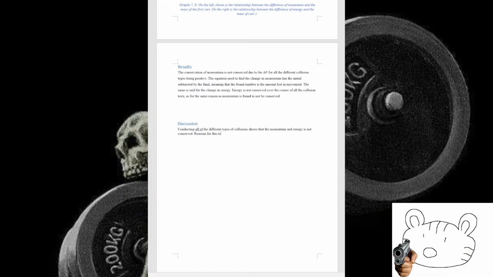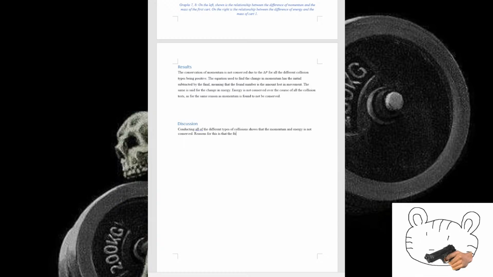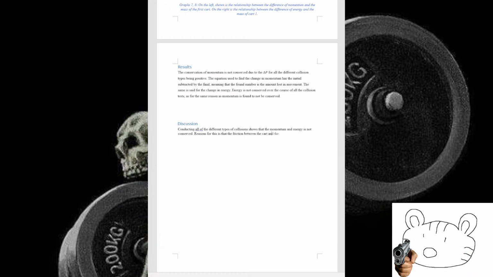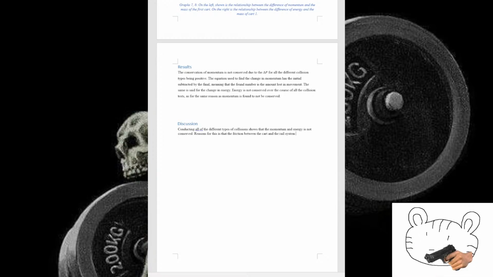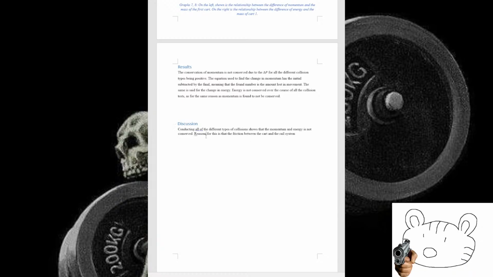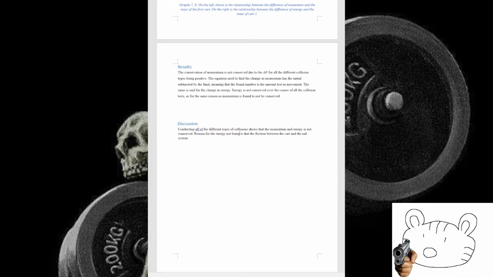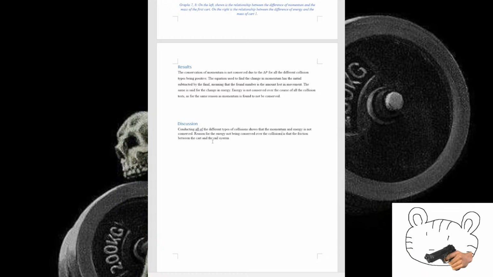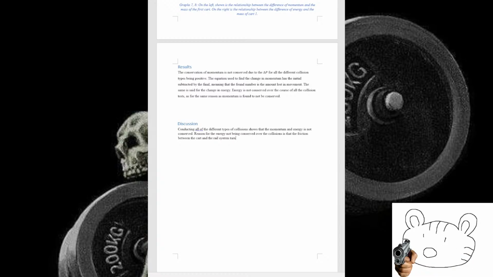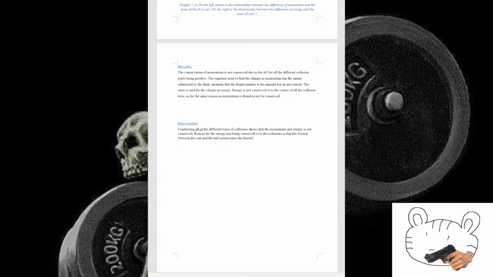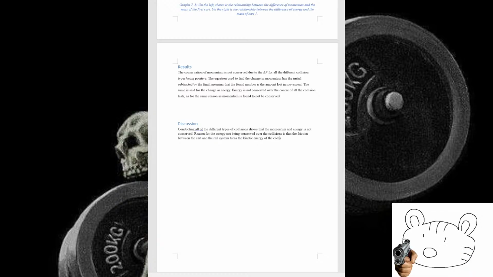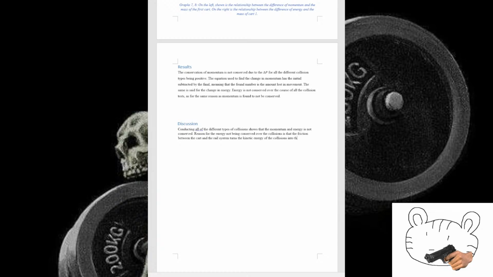Reasons for this is that the friction between the cart and the rail system is a reason for the energy not being conserved over collisions. Cart and the rail system turns the kinetic energy of the collisions into thermal.